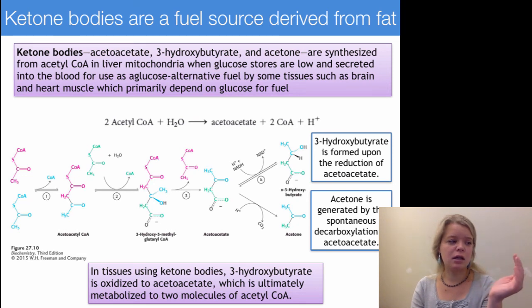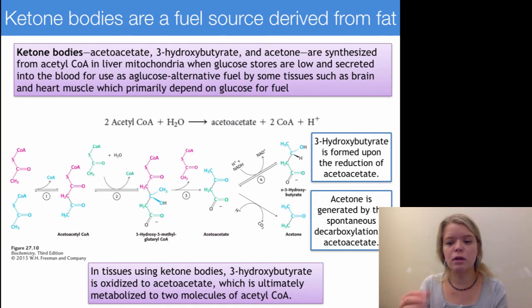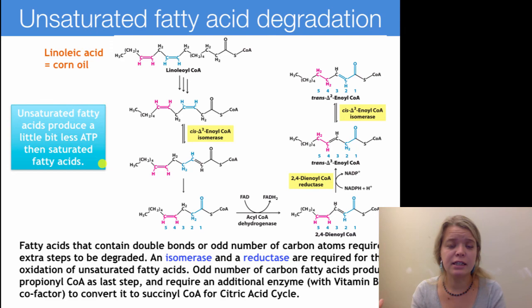And if it has unsaturated bonds, slightly fewer CoAs are made, but that's okay. So in a way, unsaturated fatty acids produce slightly less ATP than saturated fatty acids, but they're still critically important dietarily, because we like our unsaturated fatty acids for a bunch of synthesis processes.